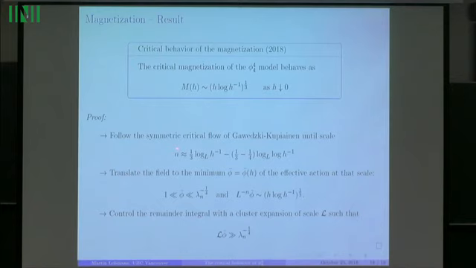At that scale, you translate your field to the minimum of the effective action, which removes the magnetic field and moves it into an explicit term. That explicit term has the asymptotics that are written here, and the remainder you can control by a single cluster expansion. So you don't need an RG argument anymore. A single cluster expansion which has scale large enough so that your minimizer at that scale becomes a large field.